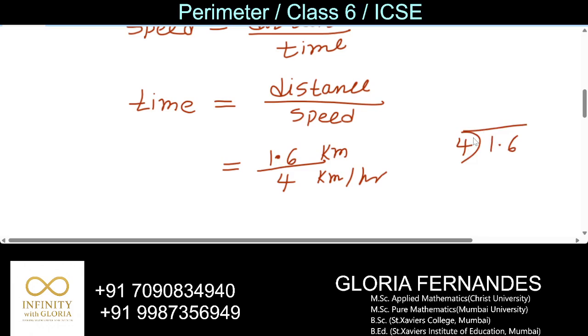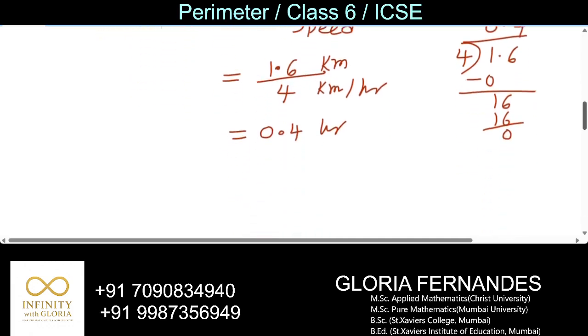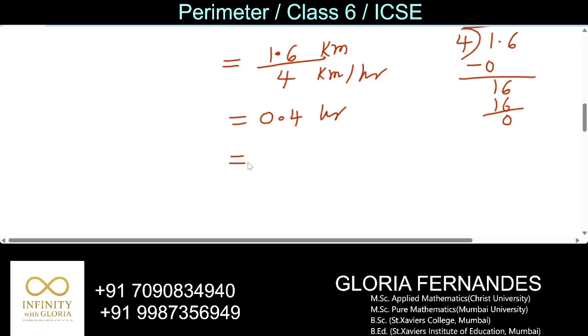You can always remove the decimal also and do it. Otherwise, you can do it directly. So 4, 0, 1 comes down, then 6 comes down. If we put decimal here, 4 fours are 16. So time is how much? 0.4 hour. Got it?